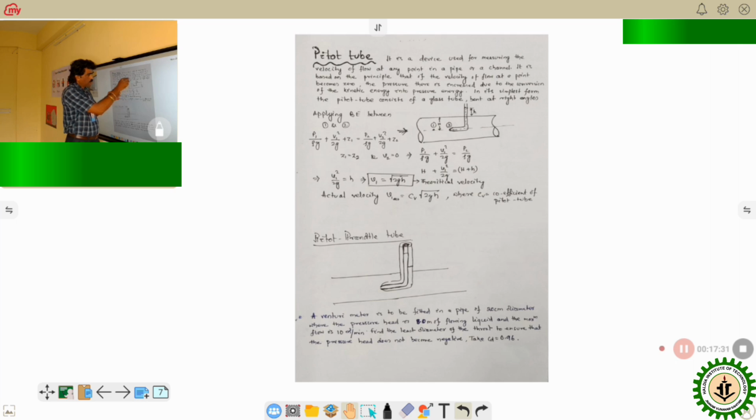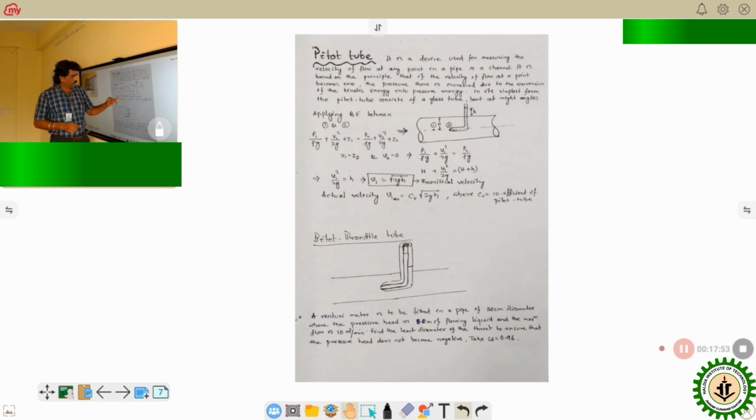If only a piezometer were there, some height h would show, and here some extra height will be coming, because kinetic energy is converted to pressure energy. That extra difference, let it be the small h. So V square by 2g is given as small h.